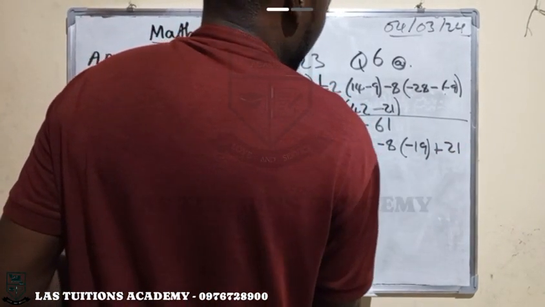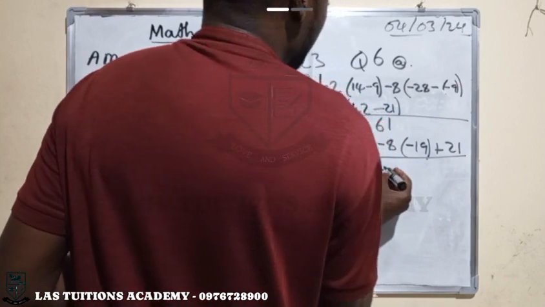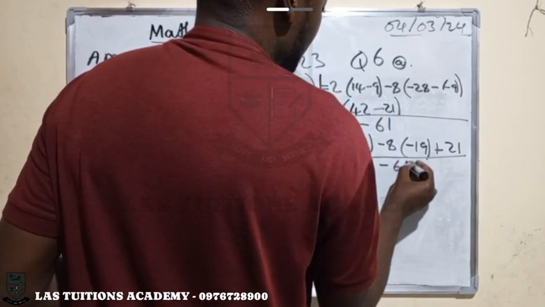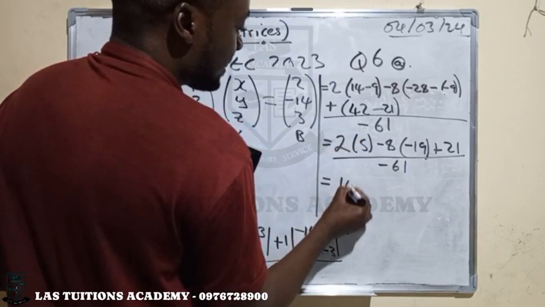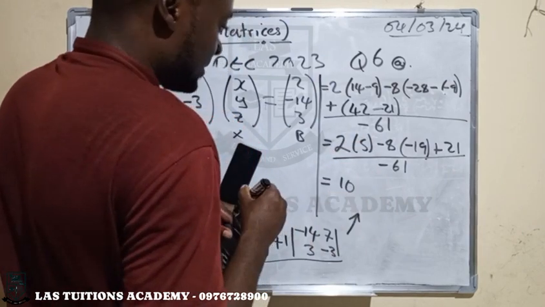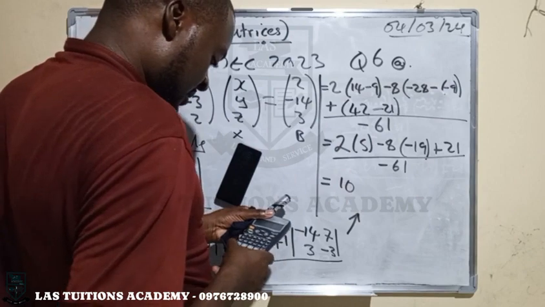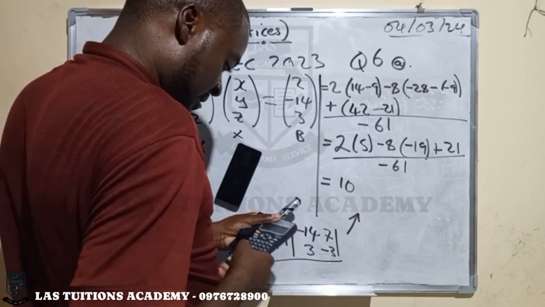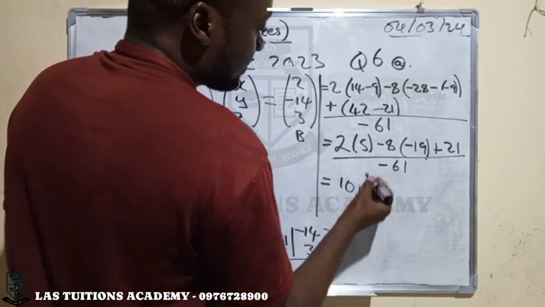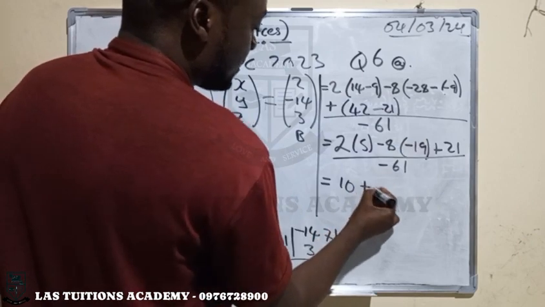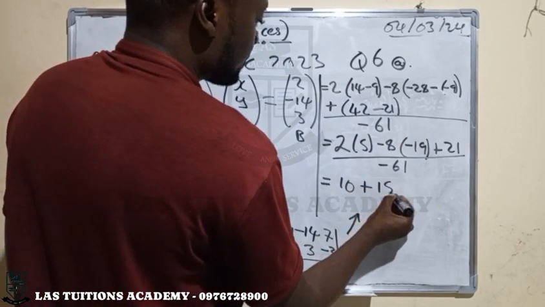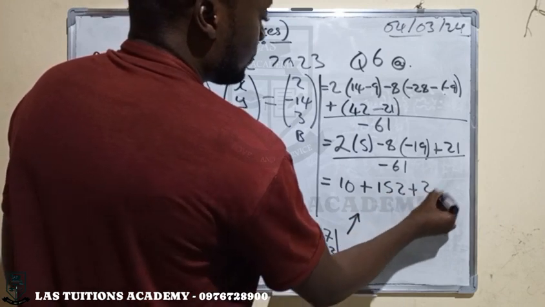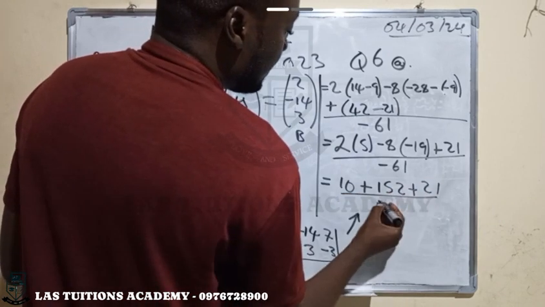Then everything here over negative 61. So this is going to be equal to 2 times 5, we get 10. Negative 8 times negative 19, negative times negative gives positive, 8 times 19 we get 152. Plus 21 over negative 61.